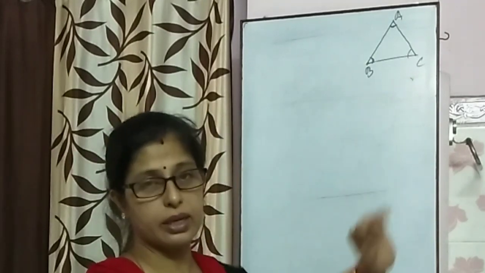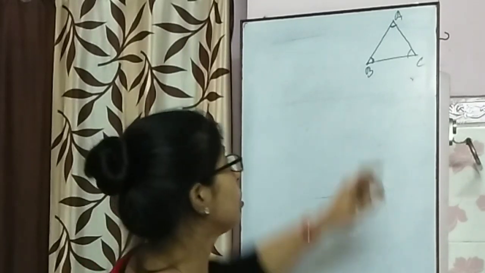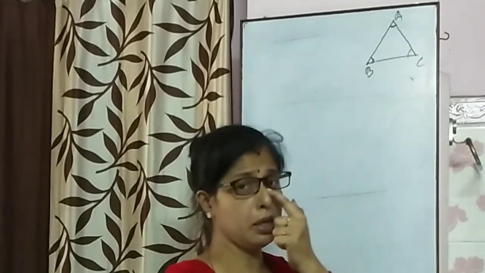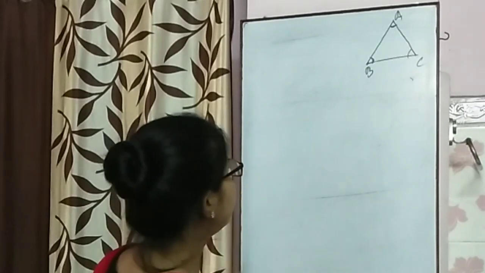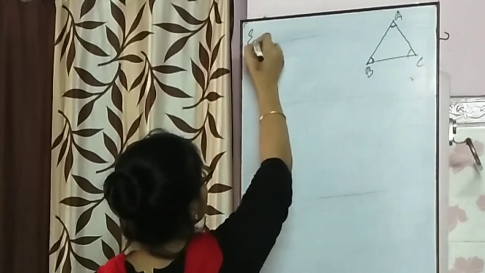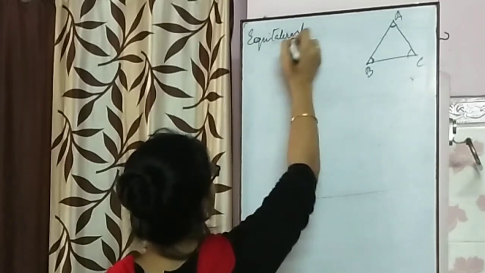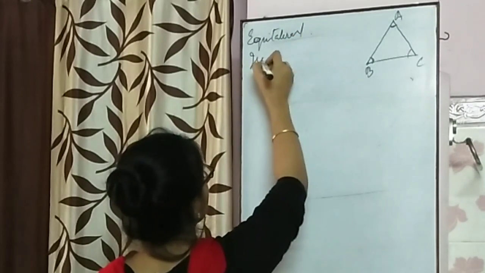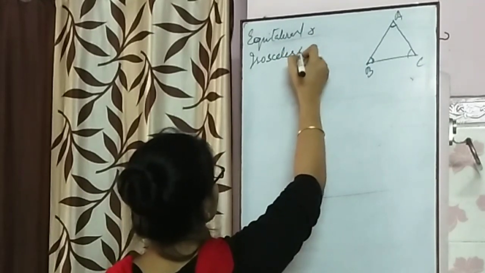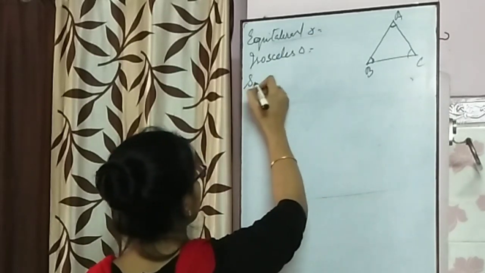How many definitions can you get in a triangle? Mainly we get 6 definitions. How? Related to sides we get 3 definitions, and related to the angles we get 3 definitions. Now related to sides we get equilateral triangle, isosceles triangle, scalene triangle.